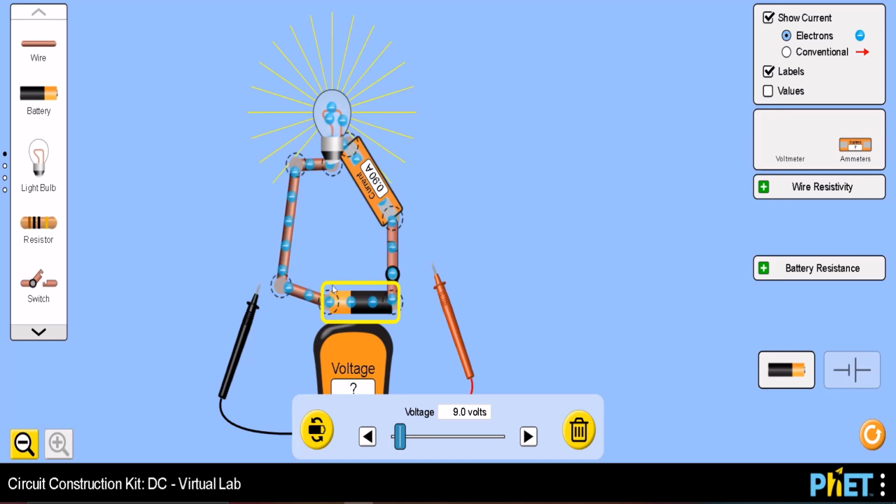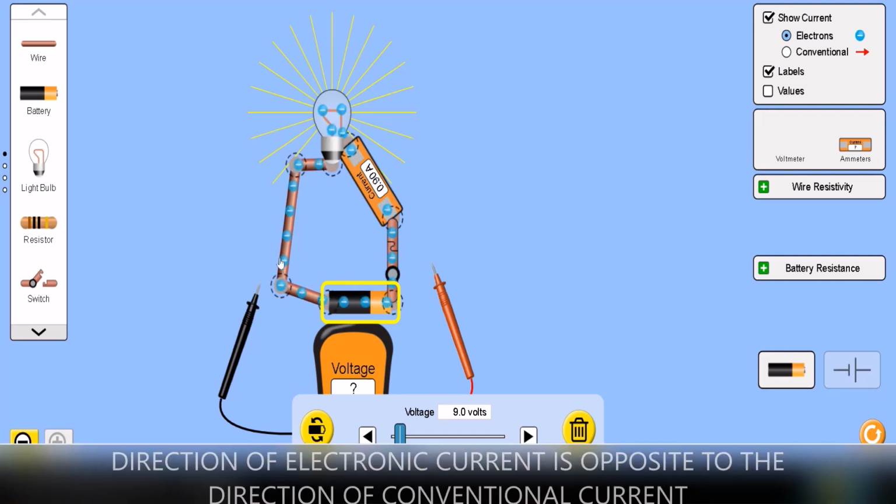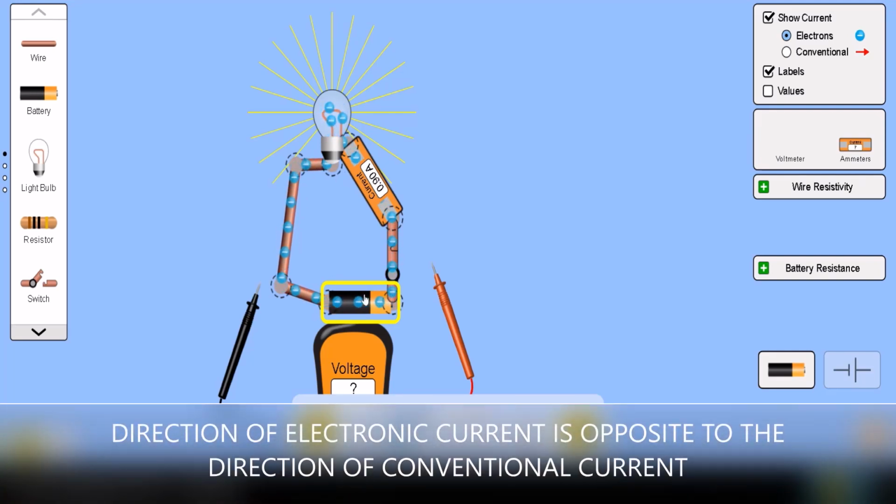The flow of electrons, which is the actual current, is now reversed. So this is the direction of electrons when the cell is connected in this way. And if I show you the direction of conventional current, it is just the opposite. This direction we show in books and in all the circuit diagrams, but actually the flow of electrons is just the reverse.